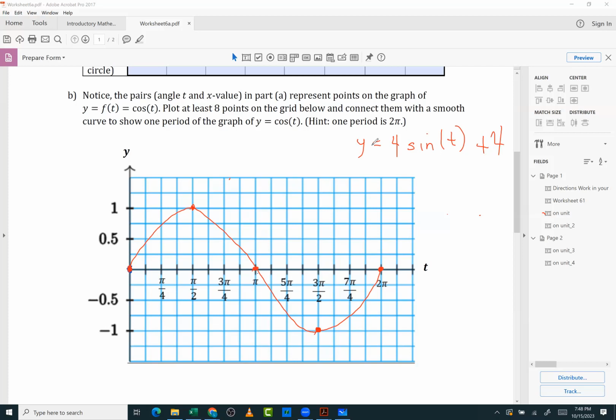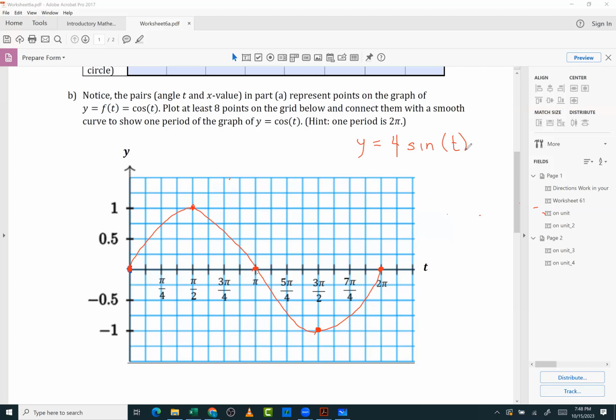I think shifting right, left, up, down is for next week. This is just multiplication. So this section, this part one, because we're doing it in two parts, is multiplication. That's it.